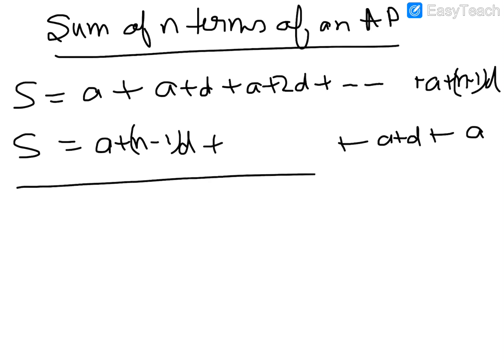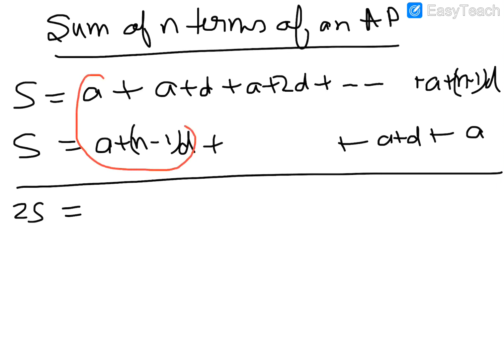Okay, now if you add these two, 2S is equal to, see here, if I add the first terms of both, what I am getting, 2a plus (n minus 1)d.